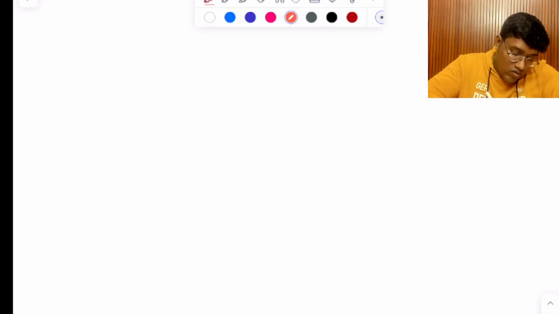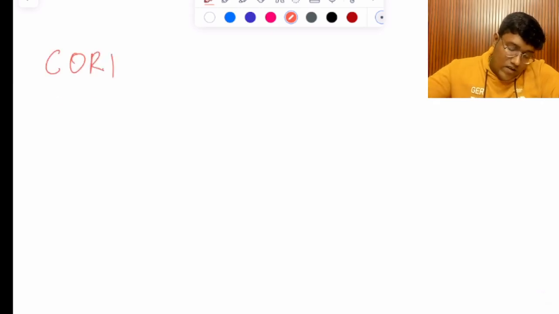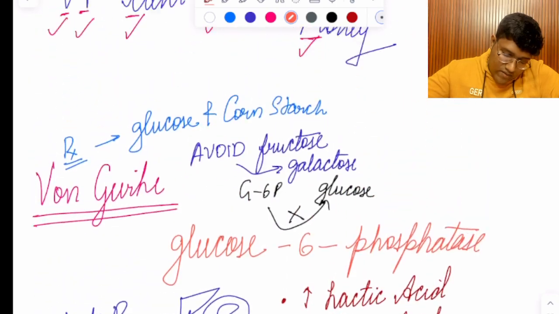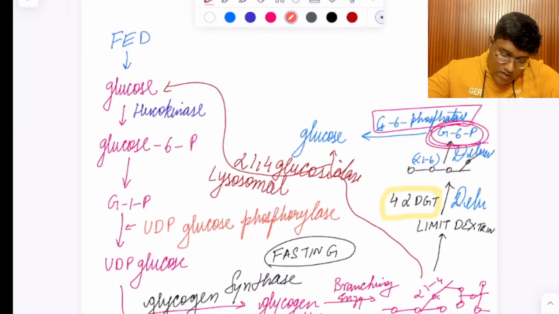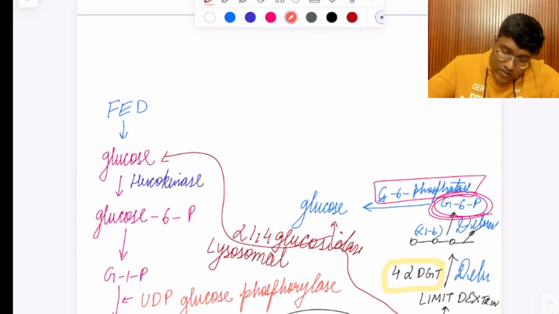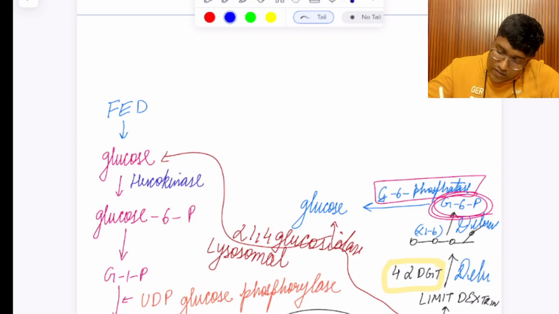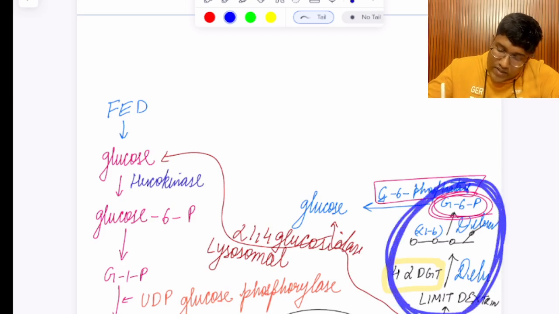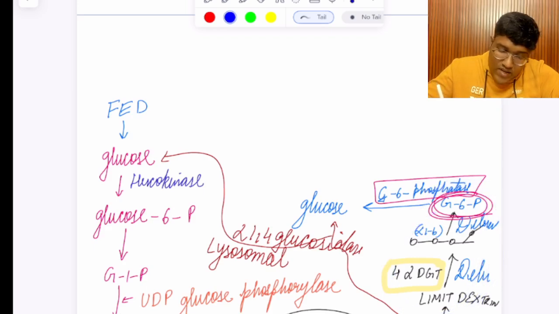So let's talk about Cori's. Now we can go back and we can just see this, right? So Cori's is all about the debranching enzyme. That is these two fellows over here, right? These are the debranching enzymes. The one who breaks alpha 1,6, and the one who is involved with this 4-alpha-DGT.